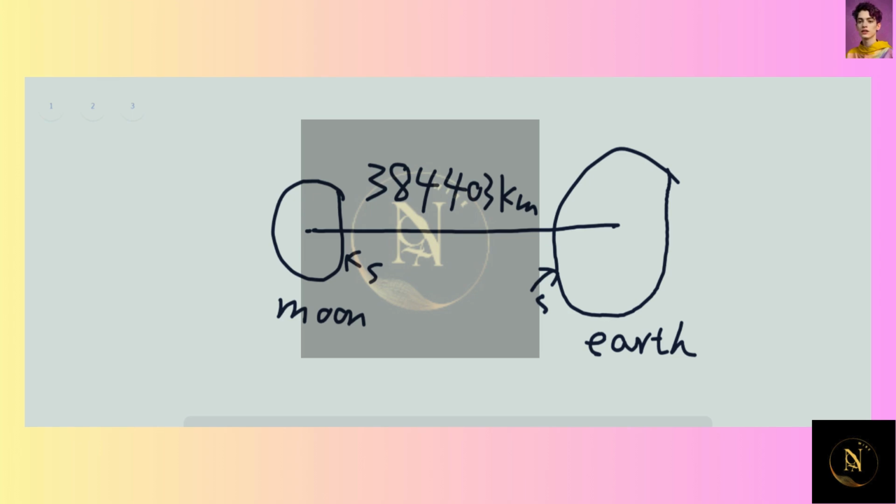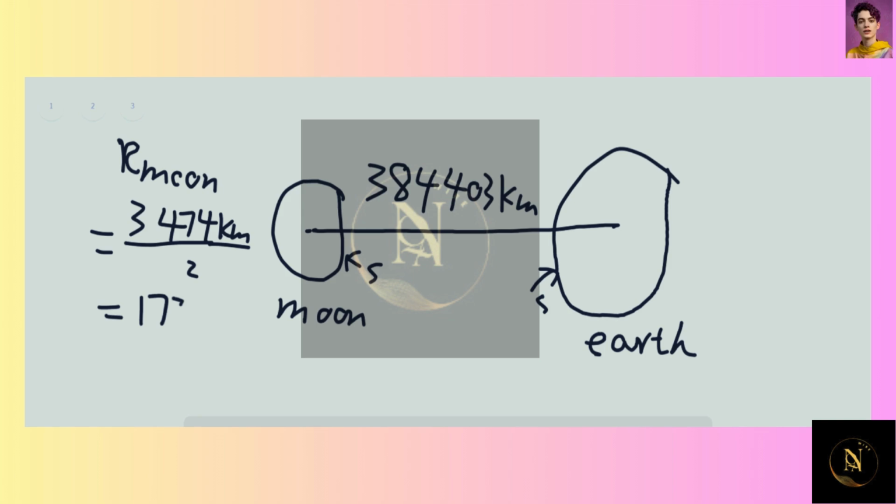We know the diameters, so we can figure out the radii. The radius of the Moon is just the diameter, 3,474 kilometers, divided by 2, which gives us 1737 kilometers.